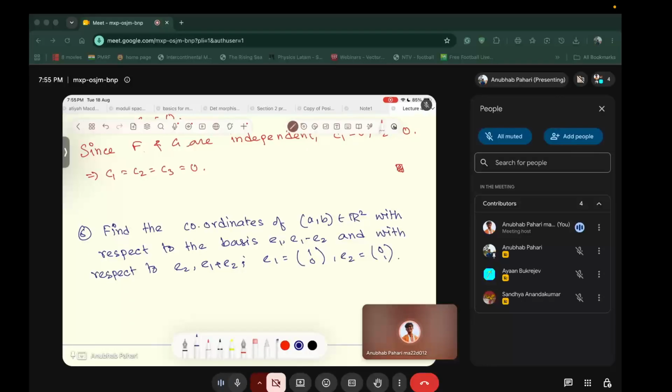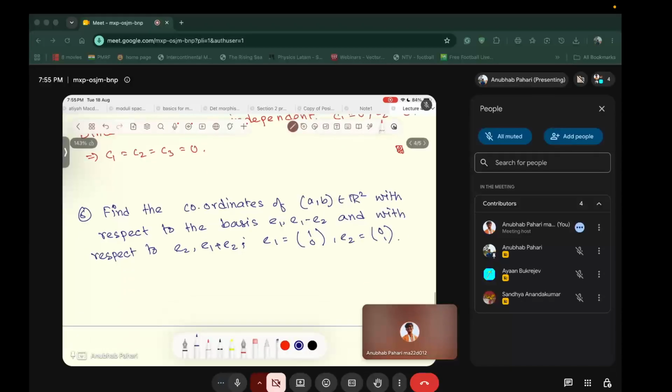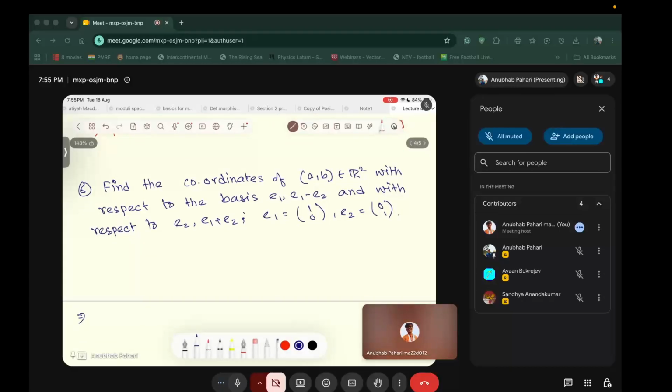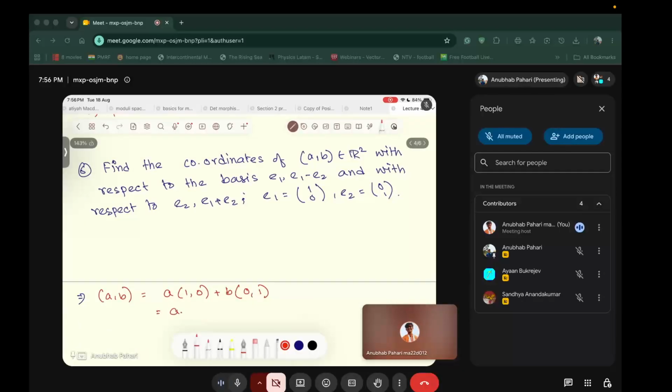Okay, we shall attempt this. You can write (a, b) as a of (1, 0) plus b of (0, 1), right? That is a of e1 plus b of e2.